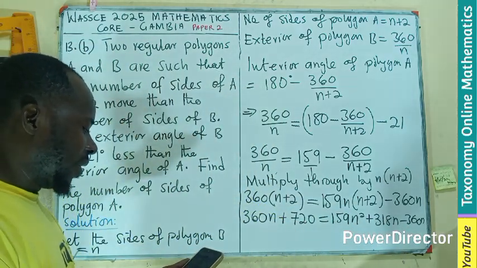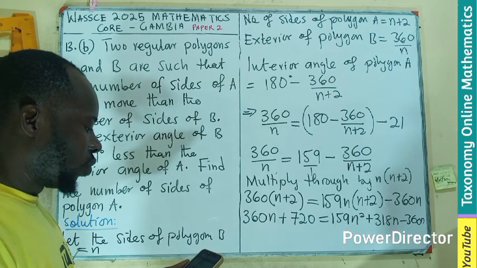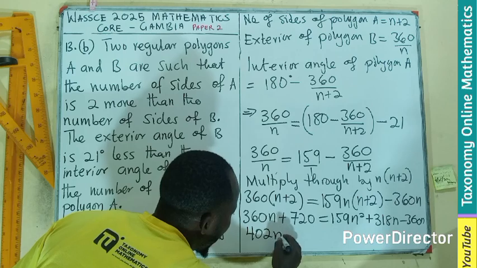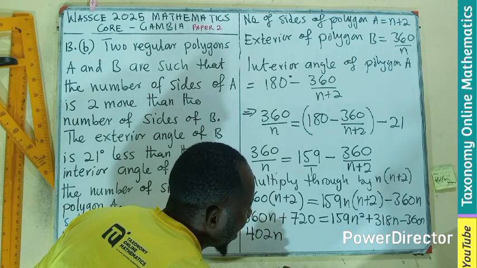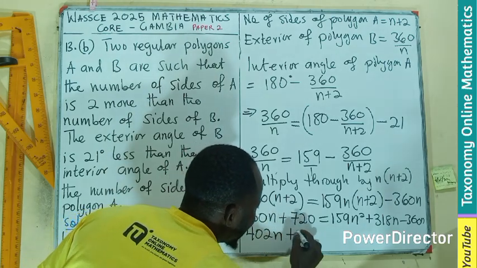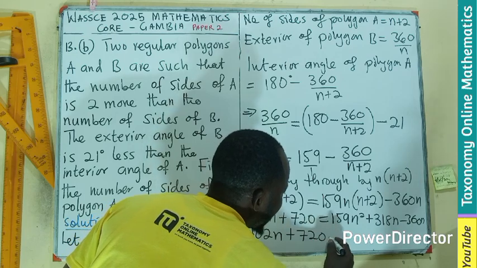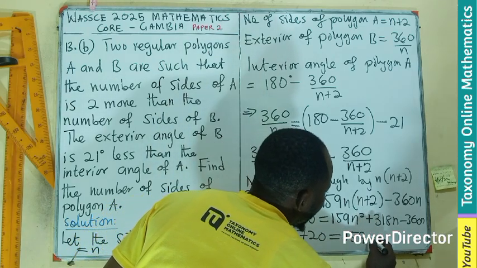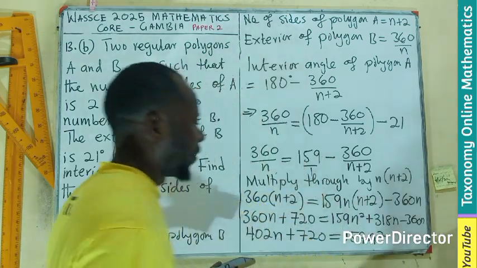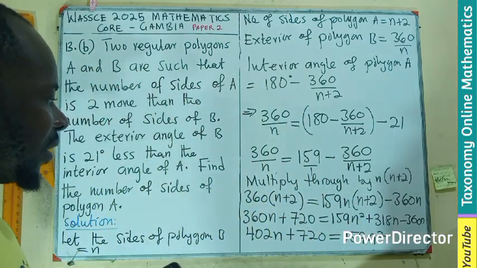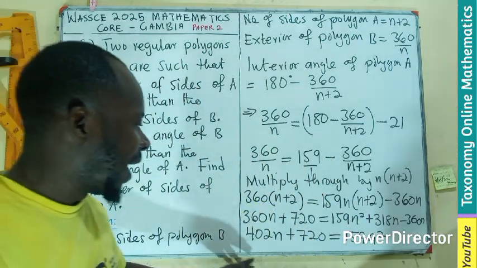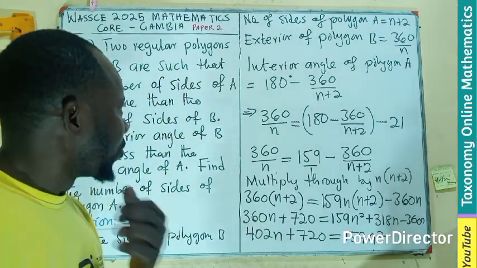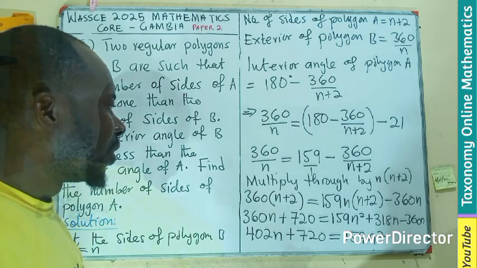So I have 360 plus 42, that will give you 402n. What again do I have? I have plus 720 equals to 159n squared. All right, this is what we have. We have n squared, we have n, we have a constant that becomes a quadratic equation. So let's clear here and proceed.